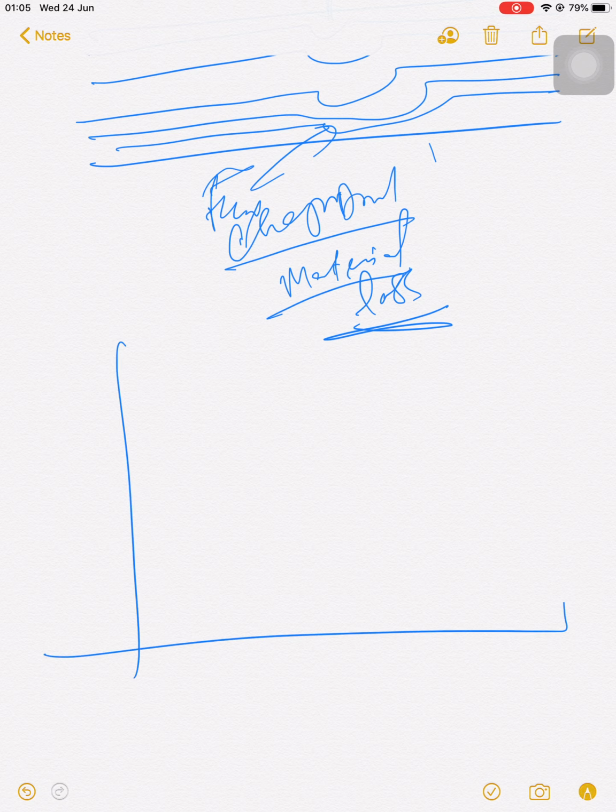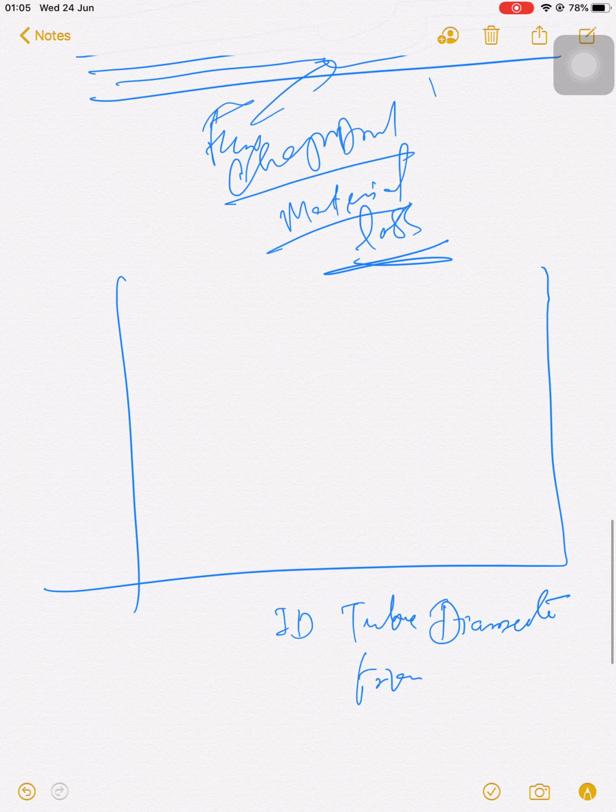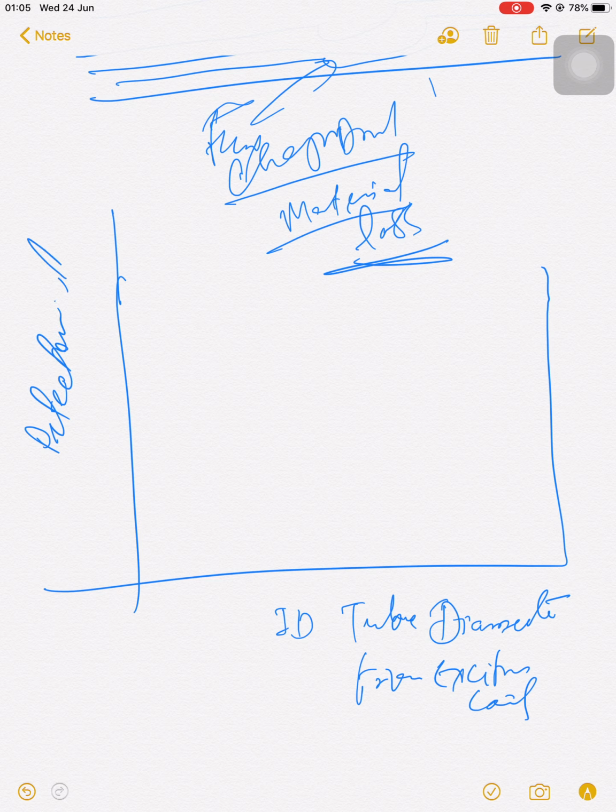And if you see on your screen, take for example tube diameter from the exciter coil, and this is the detector amplitude in volts.